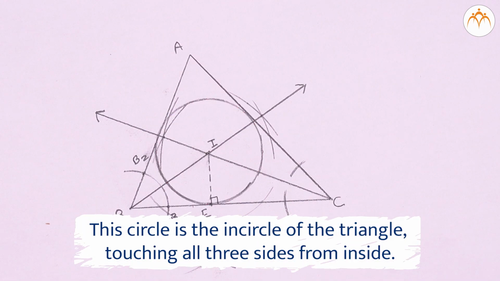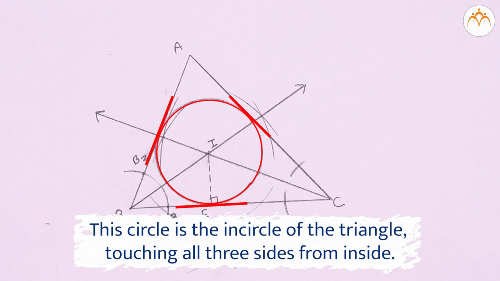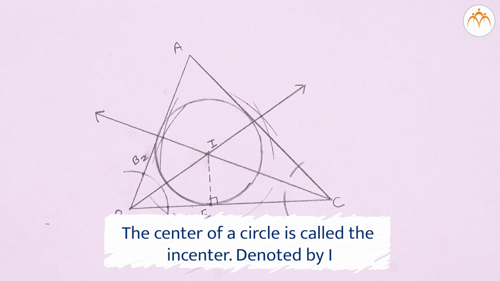The incircle of a triangle is the circle that touches all three sides of the triangle from inside. The center of this circle is called the incenter, denoted by I.